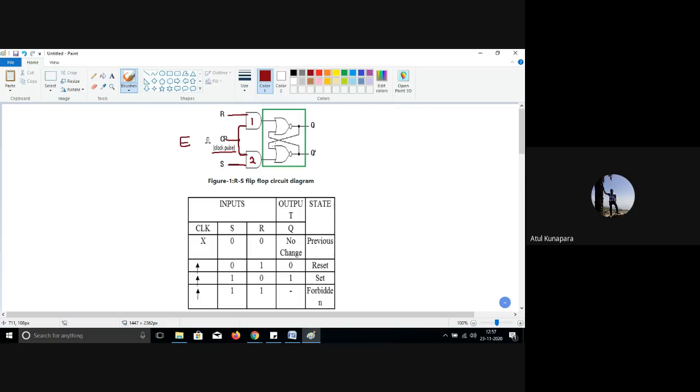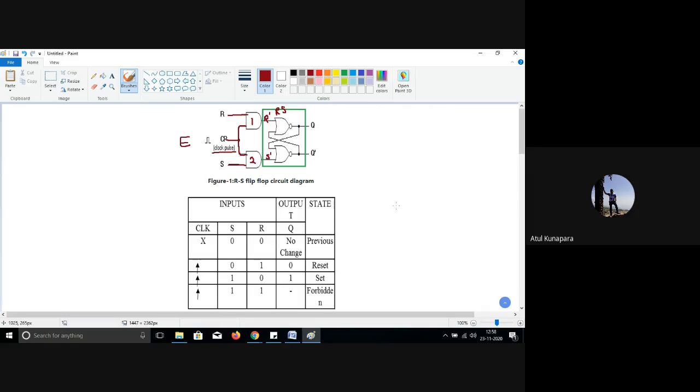Ultimately, this is your RS latch, or SR latch, whatever you say. And this RS latch is going to set or reset your outputs Q and Q dash, as per the discussion of experiment number 9, which we have just completed. Let me call the input here R dash, and this S dash.